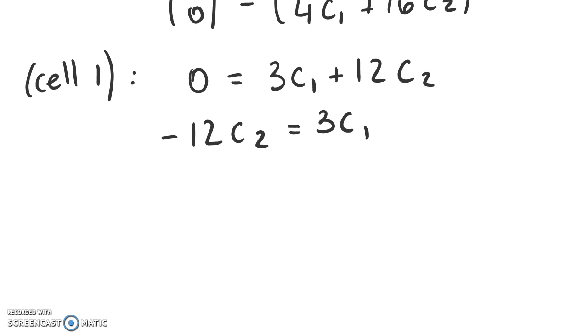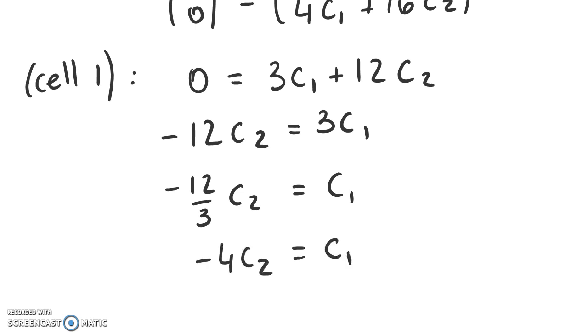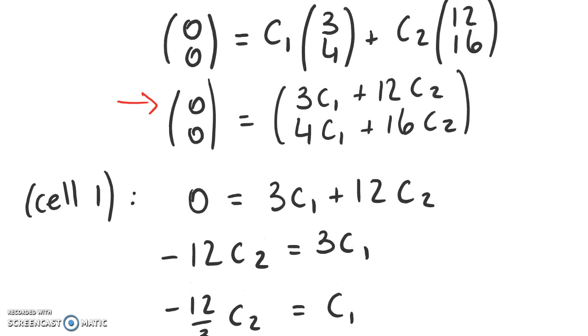We'll divide both sides by 3. Minus 12 on 3 c2 equals c1. Minus 4c2 equals c1. Okay, let's keep going and let's work out what happens for cell 2. I'll just underline this here. This is the equation that we need to satisfy in order to get that first 0 in red there.